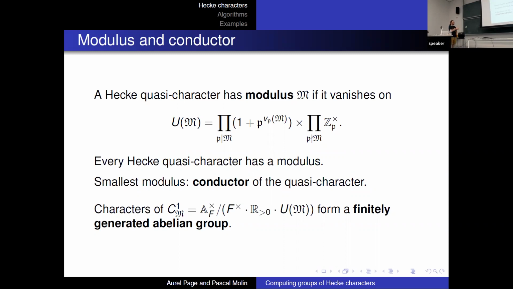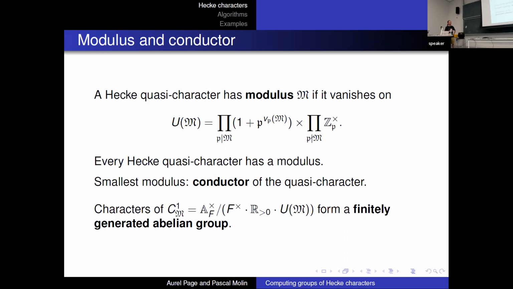And therefore, now that we've introduced conductors, we can form this quotient. Again, the first quotient by F star is just the definition of quasi-characters. We assume that we have vanishing on this copy of the positive reals just to get something discrete. And now we also add this extra vanishing.